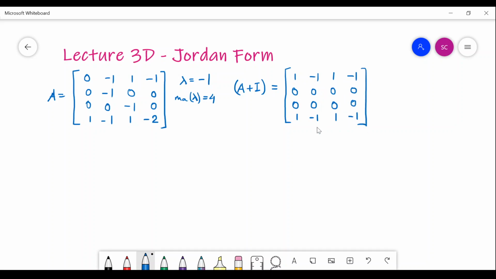You can very easily see that there would be three basis vectors of the null space of A plus I, because all these columns are actually the same column.